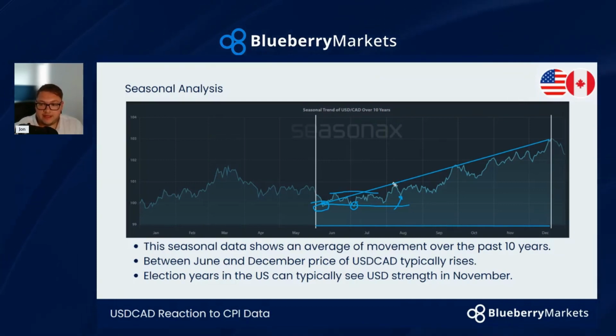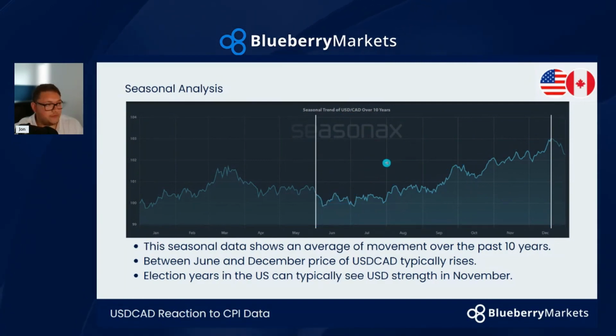So maybe that gives us a little insight here, in that through June and July we may see dollar CAD range, or at least continue to move lower. But then when we hit that August, September, October and November period, we could see that strength coming back in the dollar CAD price, and dollar CAD could continue to drive higher. So that's something to take note of as well.